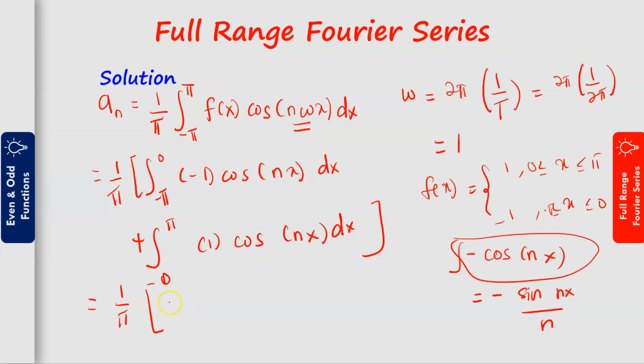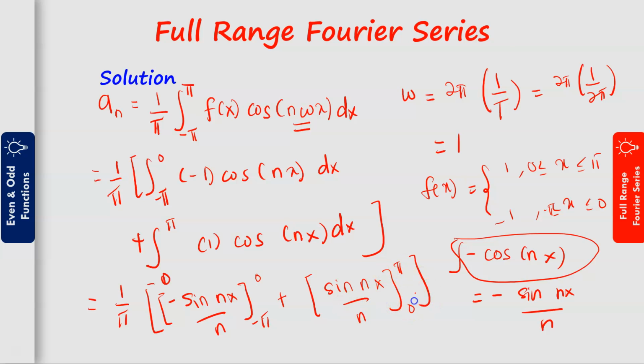This one will be negative sin nx over n, from negative pi to 0, plus, integrate cos nx, you get sin nx over n, from 0 to pi.